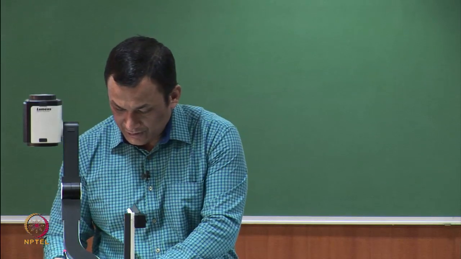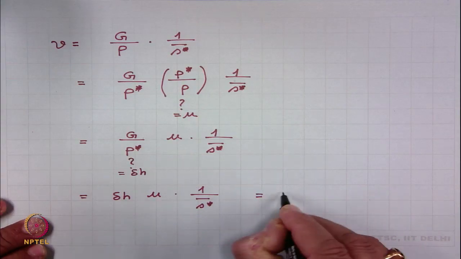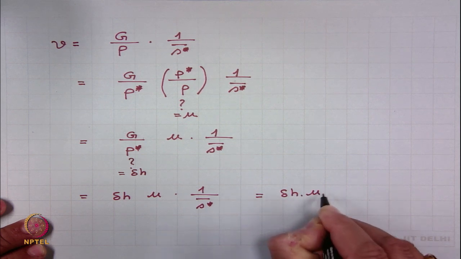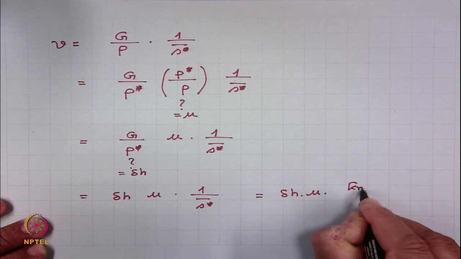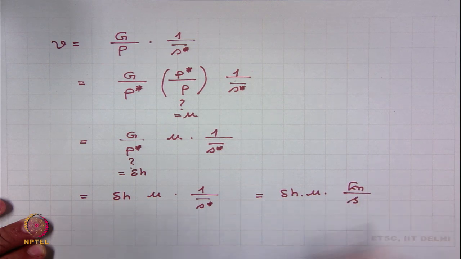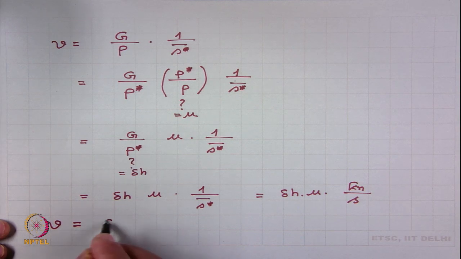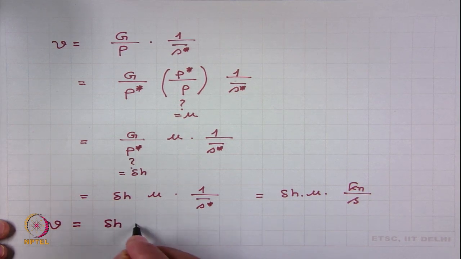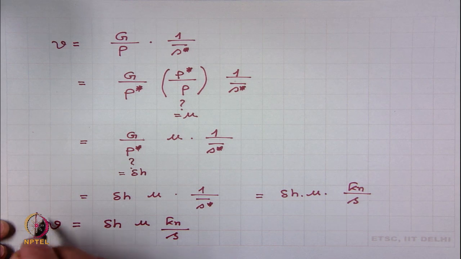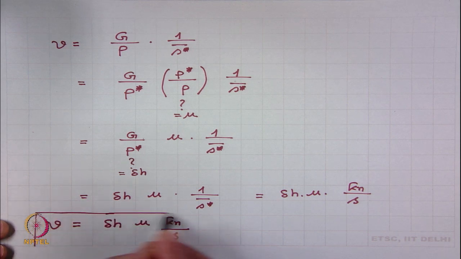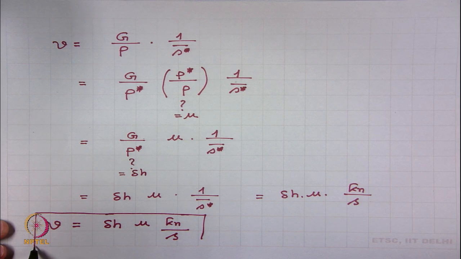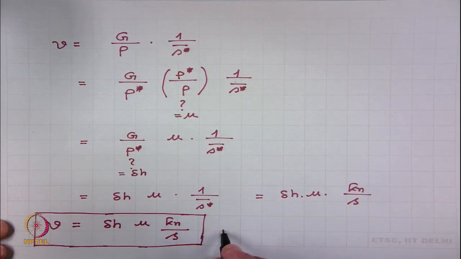So, this we can further write as delta H into mu into Kn by S. So, nu becomes delta H mu Kn by S. So, you get a meaningful expression for how you can find out this value experimentally.